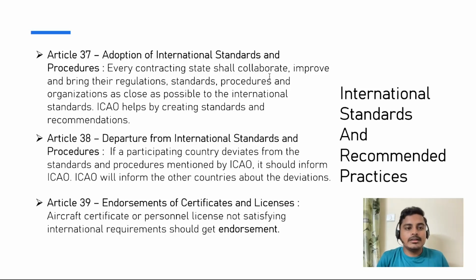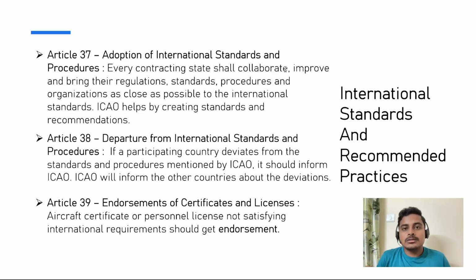Article 39, endorsements of certificates and licenses. This is very important. An aircraft certificate or personal license not satisfying international requirements should get an endorsement. Sometimes these certificates may not align with international requirements, and in those cases these certificates or licenses can still be granted but should include a special note called an endorsement, right?